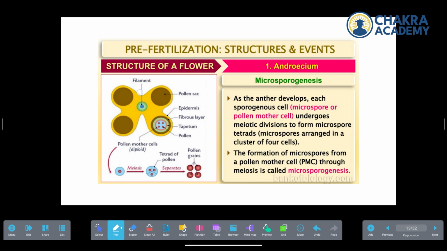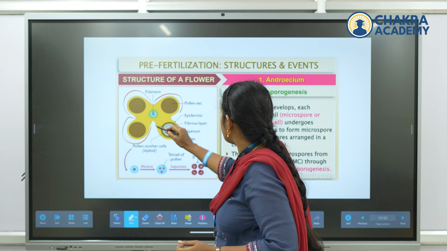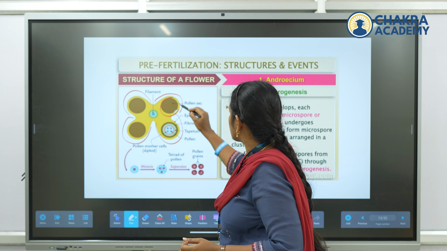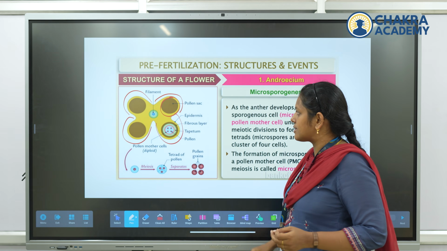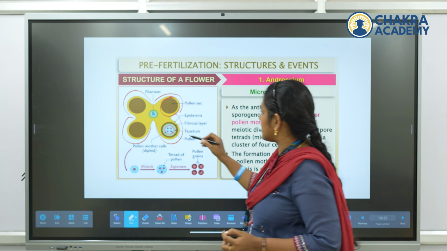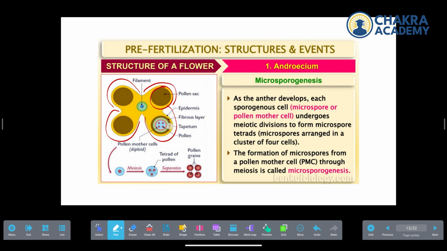So again, the clear picture of microsporogenesis. In this, the outer layer we already know, microsporangium. Inside that it has a round structure which is called the pollen sac. The outer layer of the pollen sac is the epidermis, followed by a fibrous layer, the tapetum.